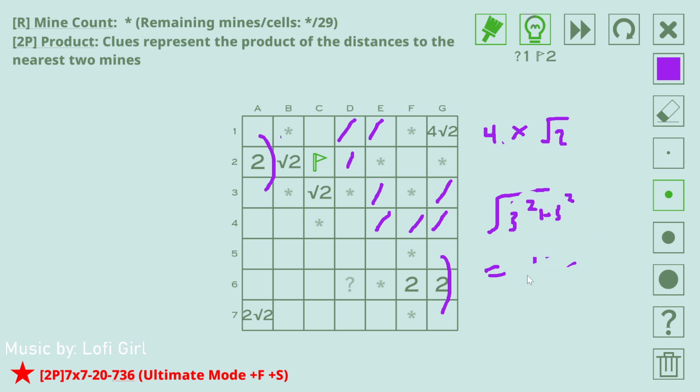Okay, see, this actually does seem to work though. Because this is actually equal to 18, which is larger than 4. So this cell can actually be a mine. Actually, yeah, because it's larger than 4, it's not within this area. So this doesn't break for some reason.